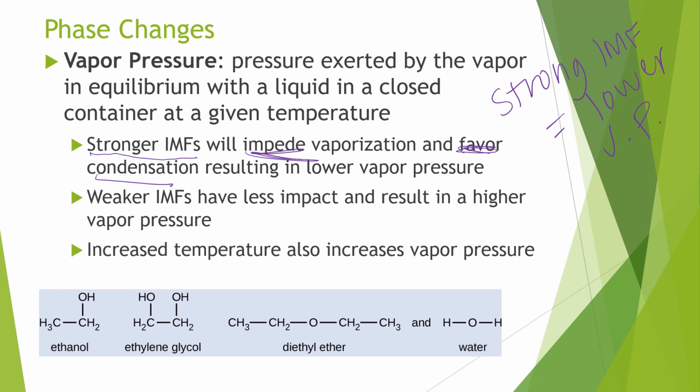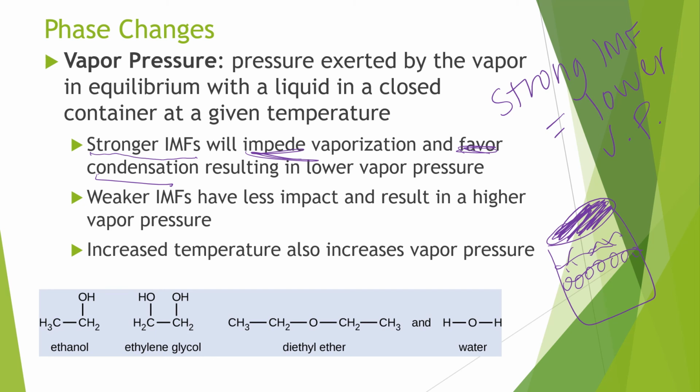So remember, vapor pressure comes from gas, the gas that would be above a liquid in a closed container. So if I have strong intermolecular forces, these particles don't want to vaporize. Weaker intermolecular forces have a little bit less of an impact, obviously, so those are going to have higher vapor pressures.